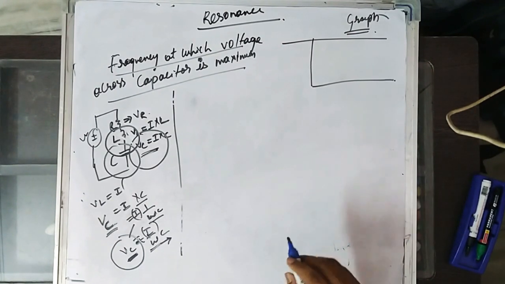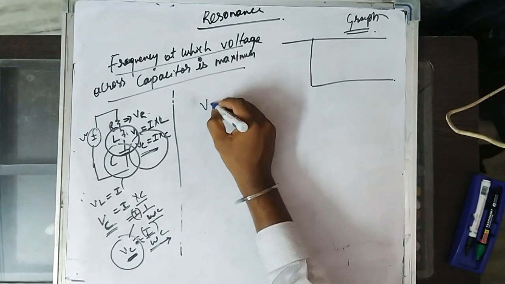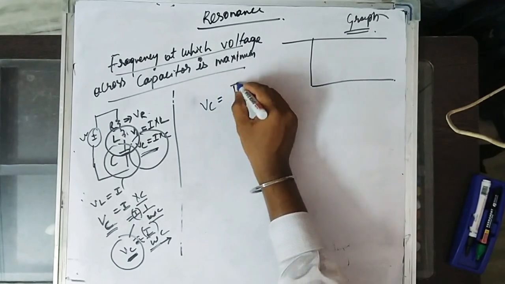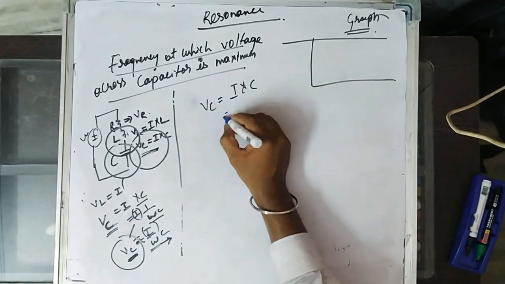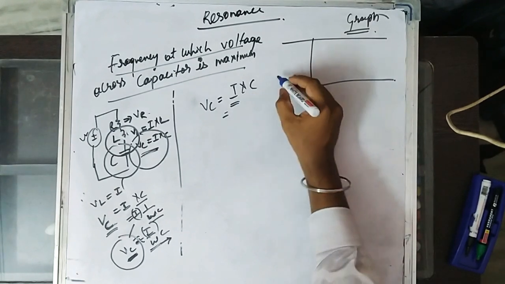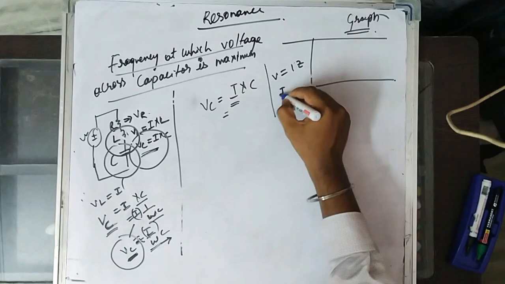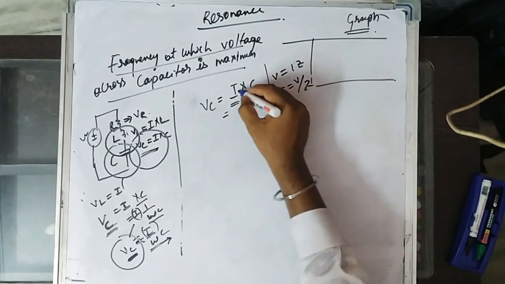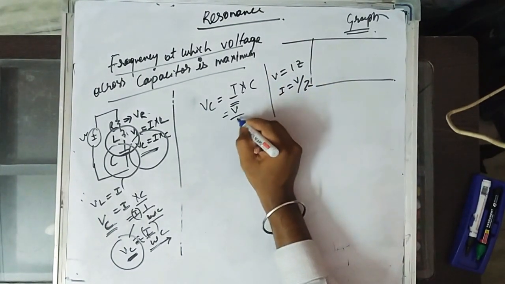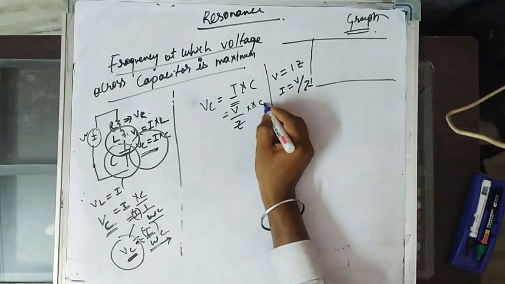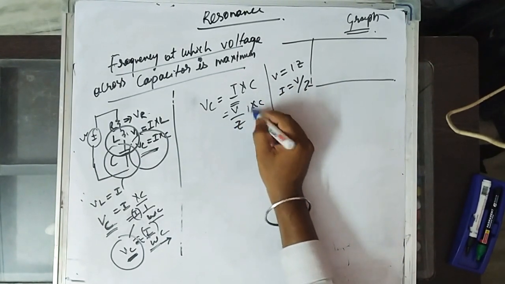By this formula we have Vc equal to what? I into Xc. According to Ohm's law, V equal to I Z, so I equal to V by Z. Substitute this here: that will come V by Z into Xc.